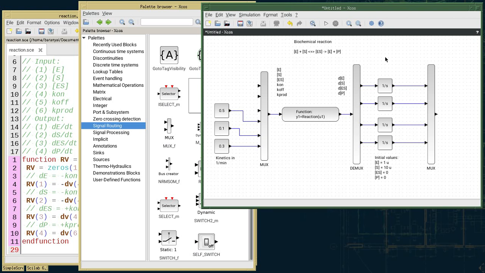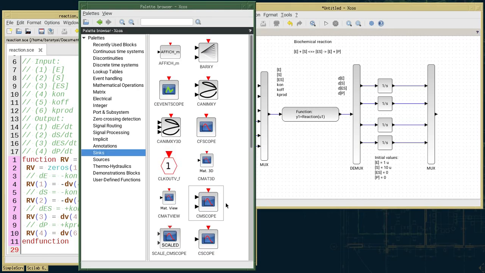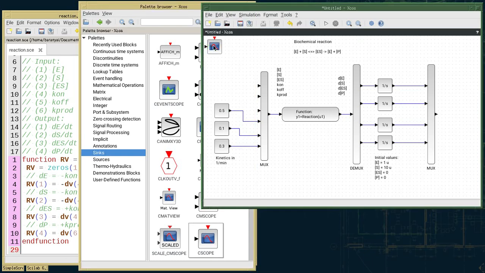They are straight lines now, and in the sinks I need a C-scope which will collect all information and will make a chart for me. So finally it will finish in a C-scope. Connect, and this will be the C-scope, the figure which will give me the result of the calculation.